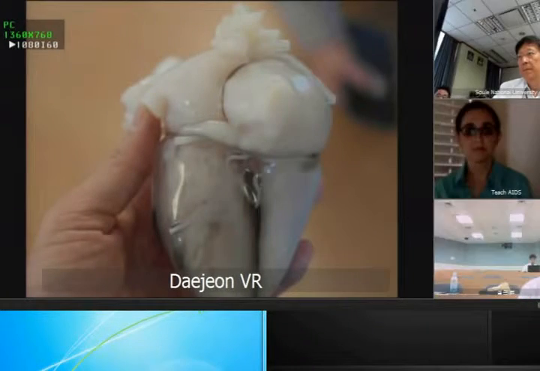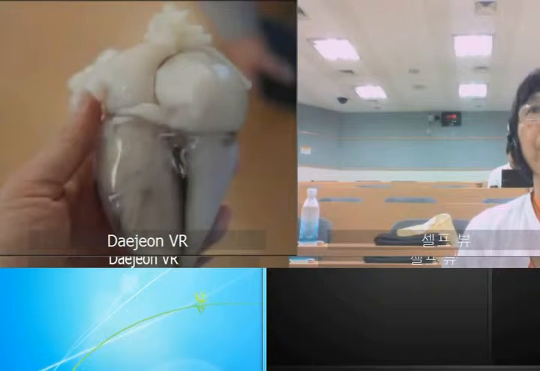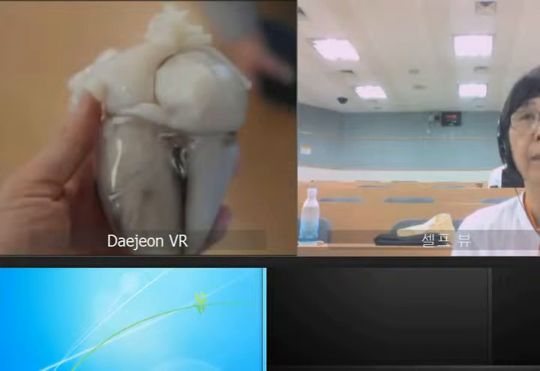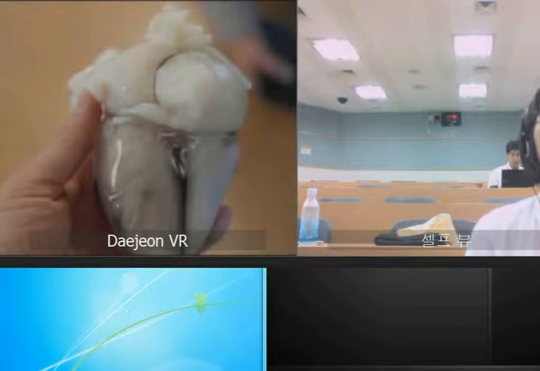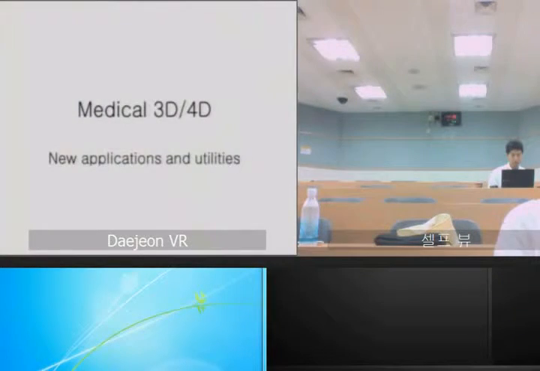Sorry for the technical mistake. Yes, this is 3D printing material from Materialise in Belgium, the company name of the materials company.